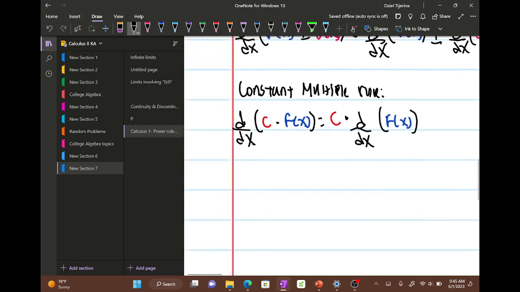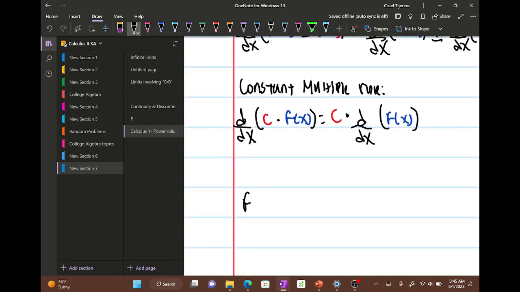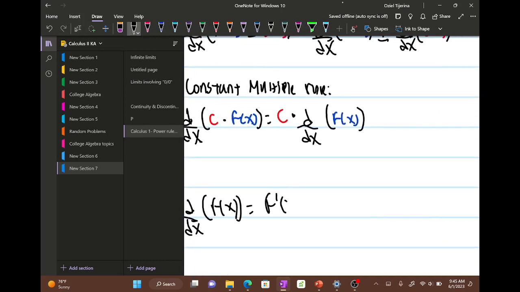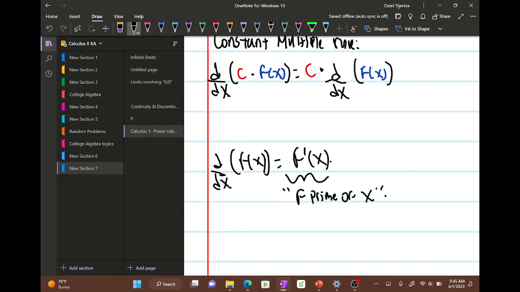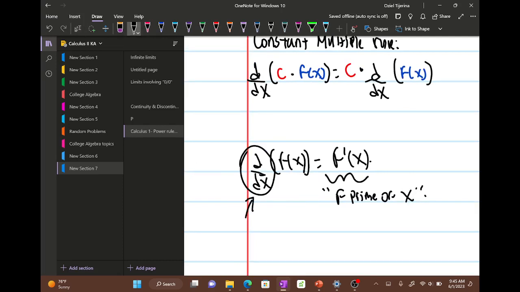By the way, the derivative of f of x, d dx of f of x, is really f prime of x. This is read as f prime of x, and this is read as d dx.